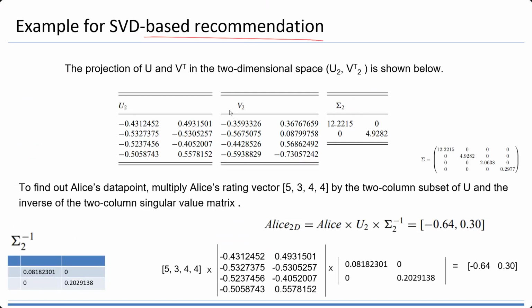Usually we can just say the first 2 columns from U and V. But there are many ways to choose which one is the best one. So in this case, I just select 2 among 4 for our calculation.